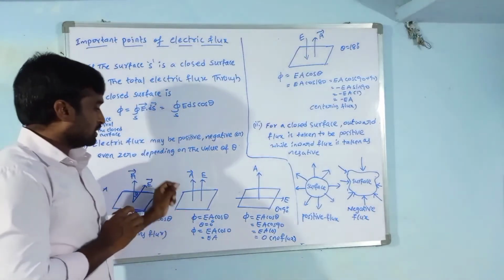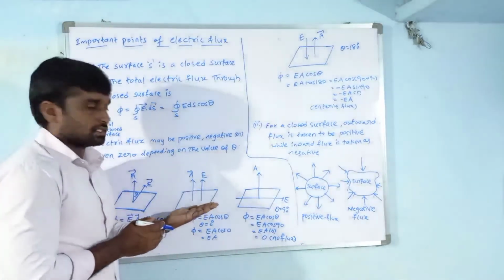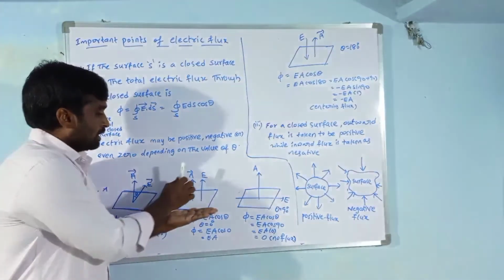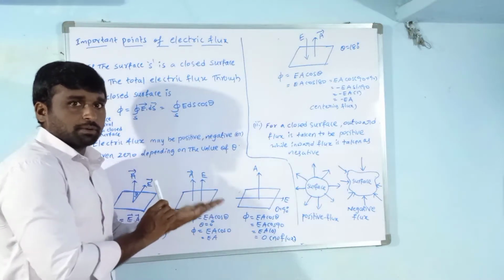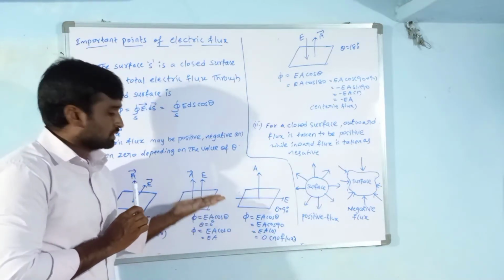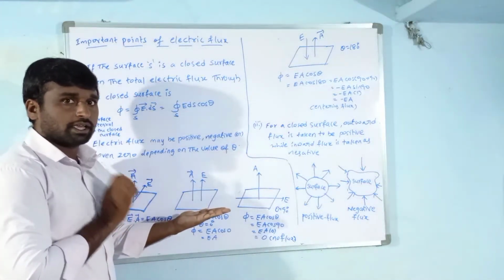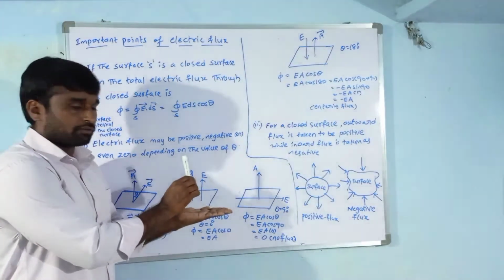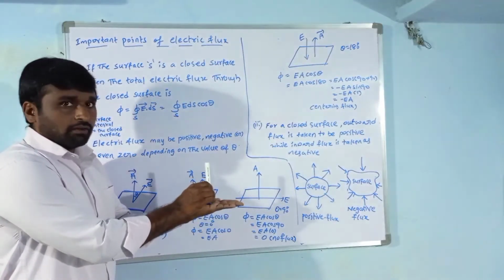Now the second case. When this is a flat surface like this, the area vector will be in this direction. Why? Because the area vector is always perpendicular outwards to the surface. So this is the surface, and this is the area vector.